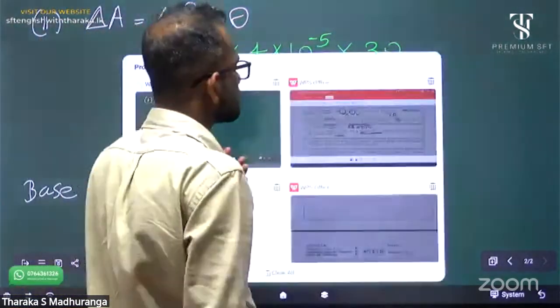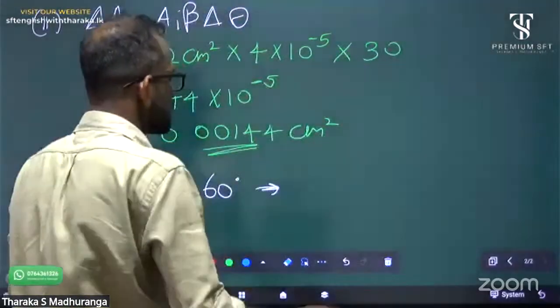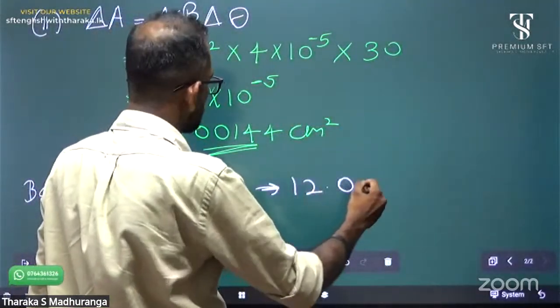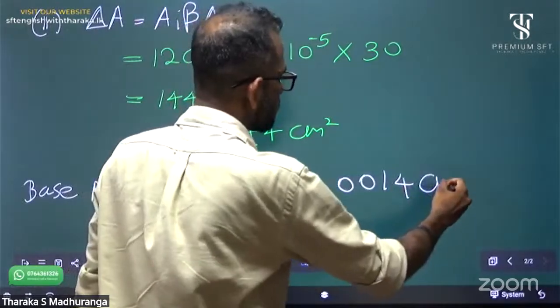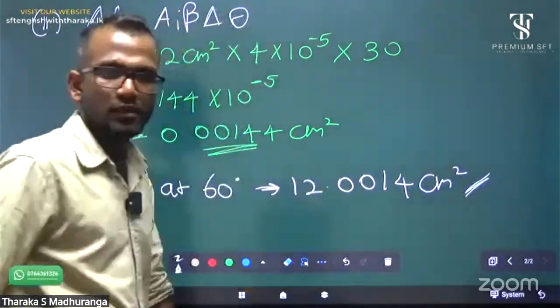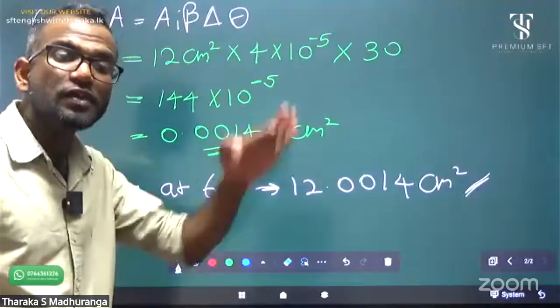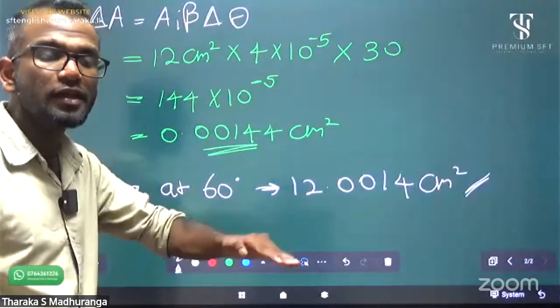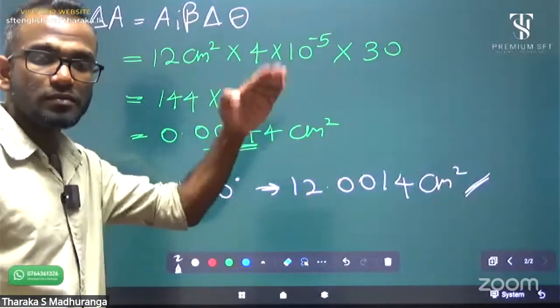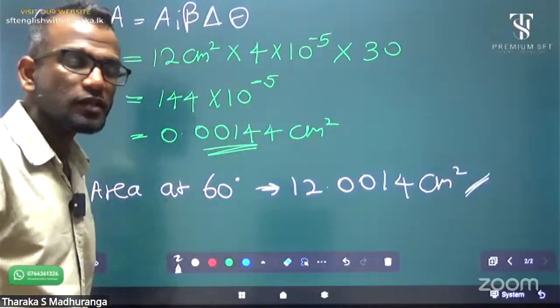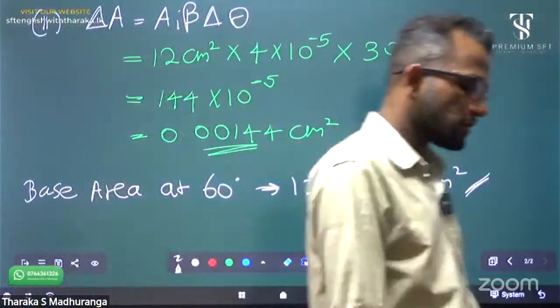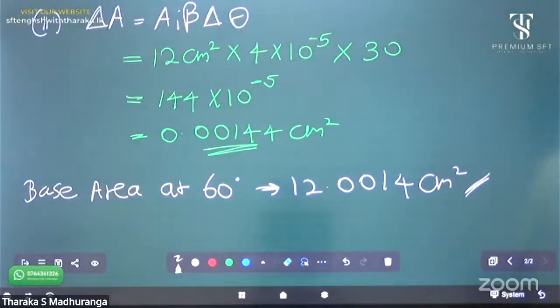At 60 Celsius, the base area initially 12, then it is 12.0014 square centimeter. The question asks the liquid height at 60 Celsius, right?